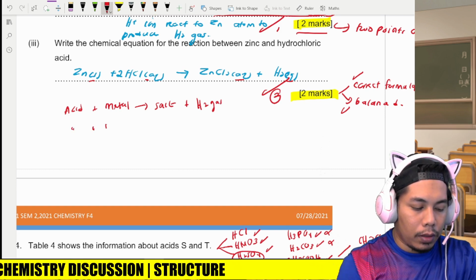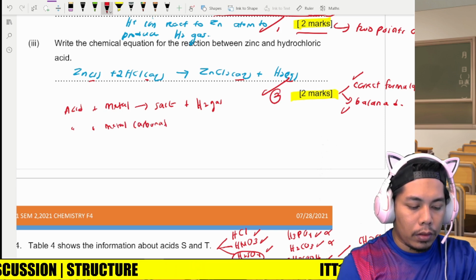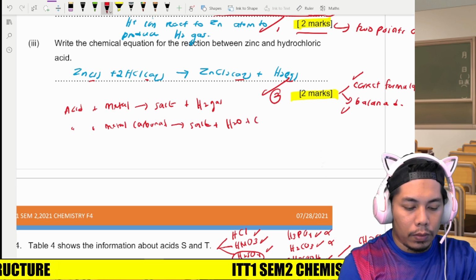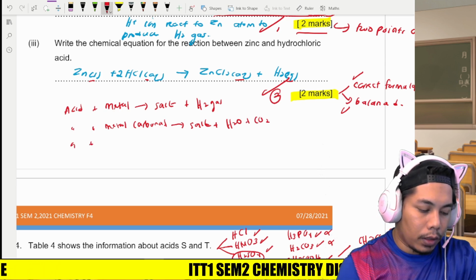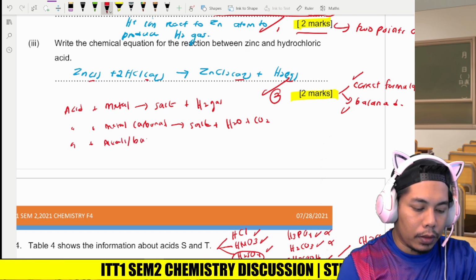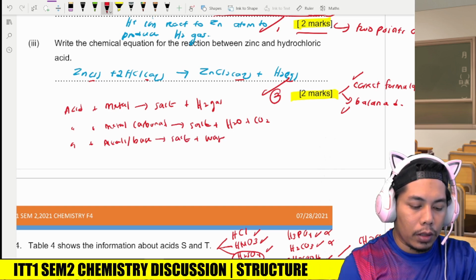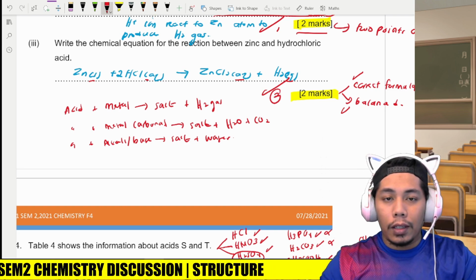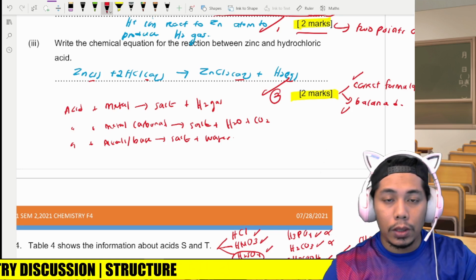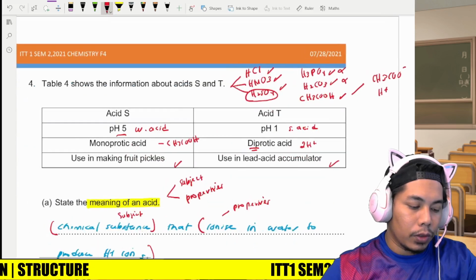Acid react dengan metal carbonate, produce salt, H2O and carbon dioxide gas. Acid react dengan alkali ataupun base, produce salt and water. Kena ingat ni. Okay, and then kalau formula betul, dapatlah satu markah, dan sekali kamu balance dengan betul, dapat markah yang kedua.